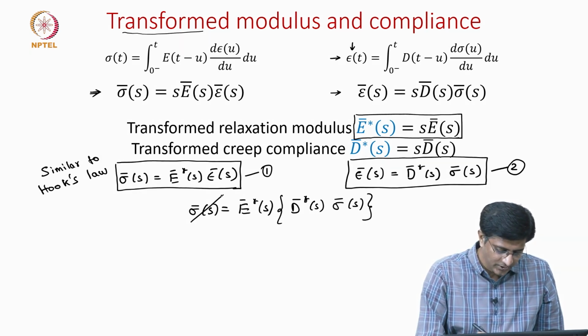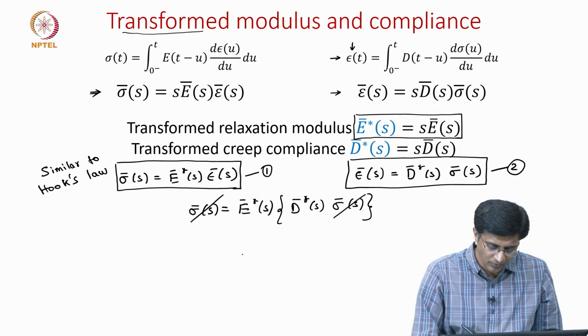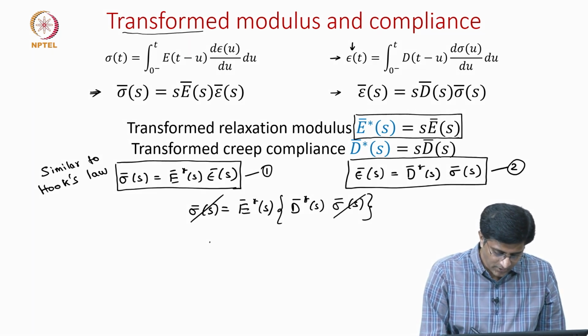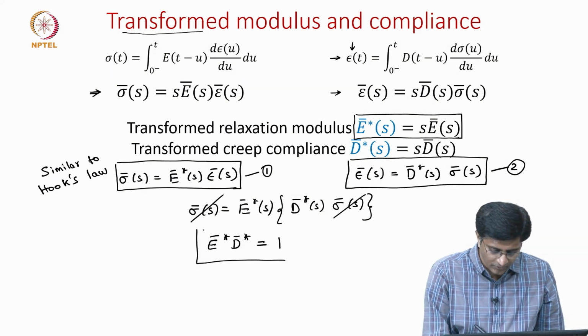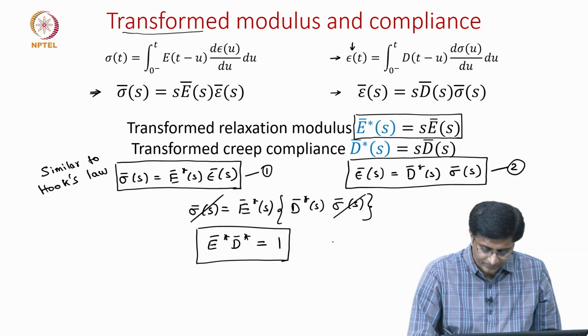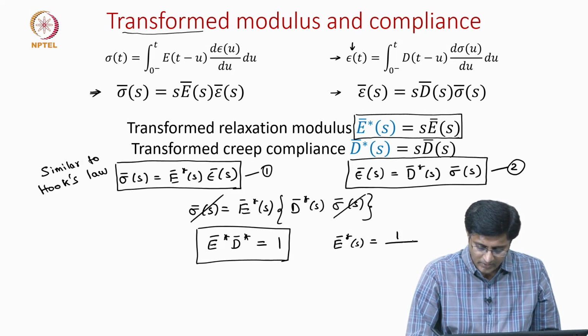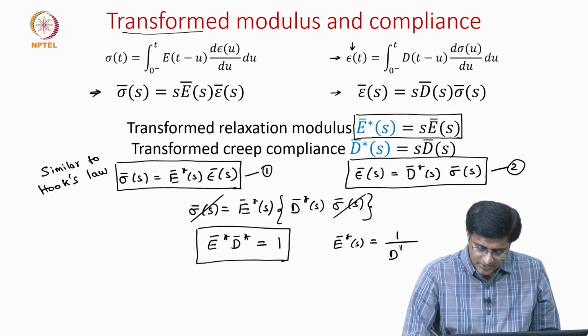If we cancel out this sigma on both sides of the equation, what we are left with is E star times D star equals 1, or in other words, E star in the Laplace domain is simply 1 by D star.